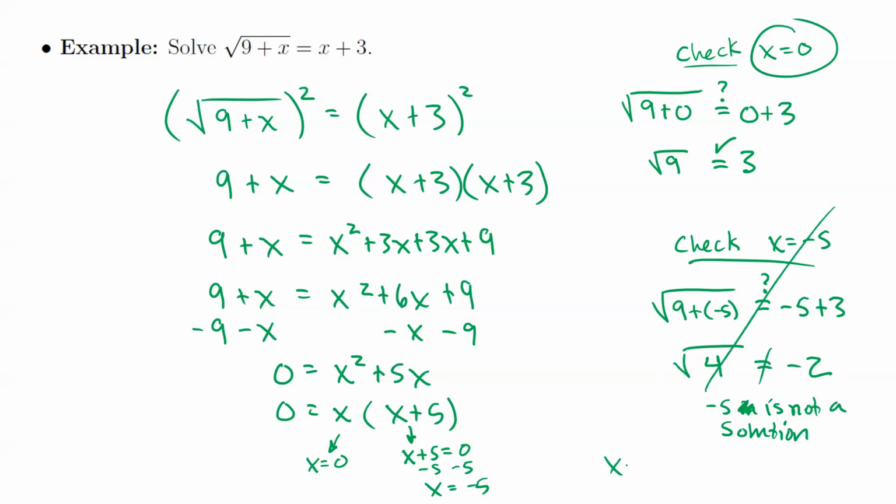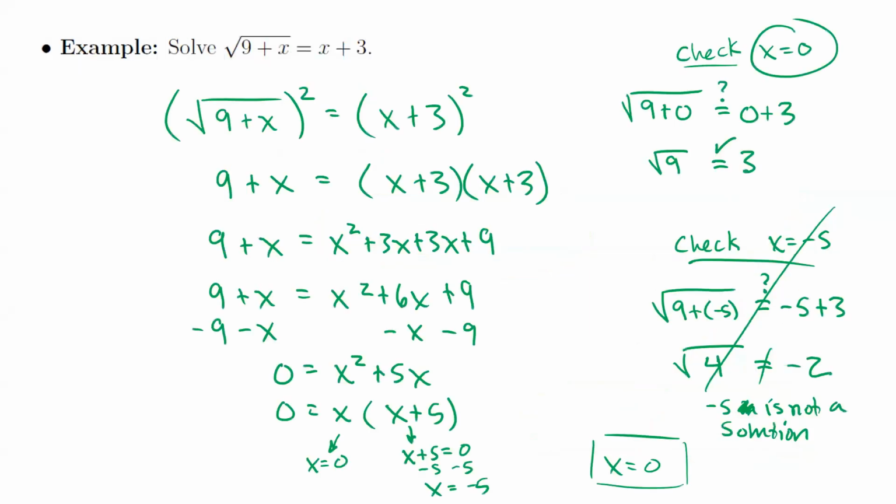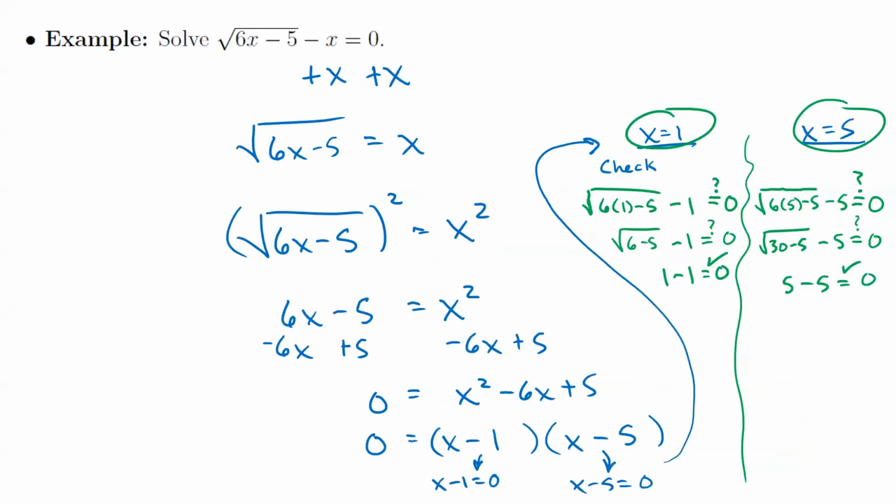And so just one single solution here. So that can happen. So sometimes there's just no solution at all, like in this example. Other times you might get more than one candidate and only one of the candidates is actually a solution. Or if I go way back to this example, we got two different candidates and they both worked. They were both solutions.